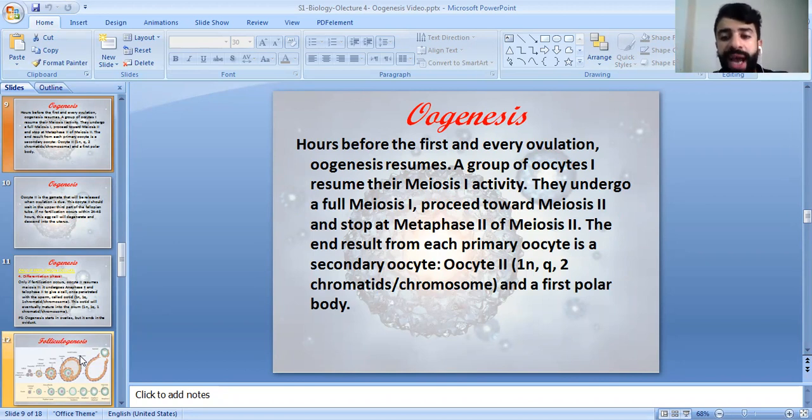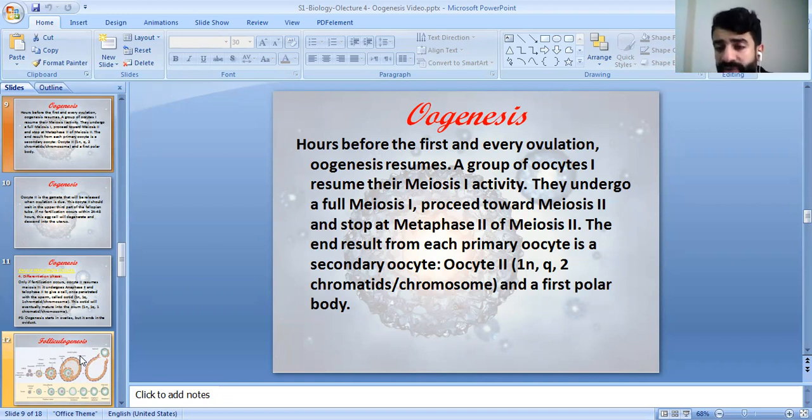A group of oocytes 1, a group of primary oocytes, will continue their meiosis: prophase 1, metaphase 1, anaphase 1, telophase 1, and they move toward meiosis 2. Whenever they reach meiosis 2, they undergo prophase 2, metaphase 2, and they get blocked at metaphase 2.